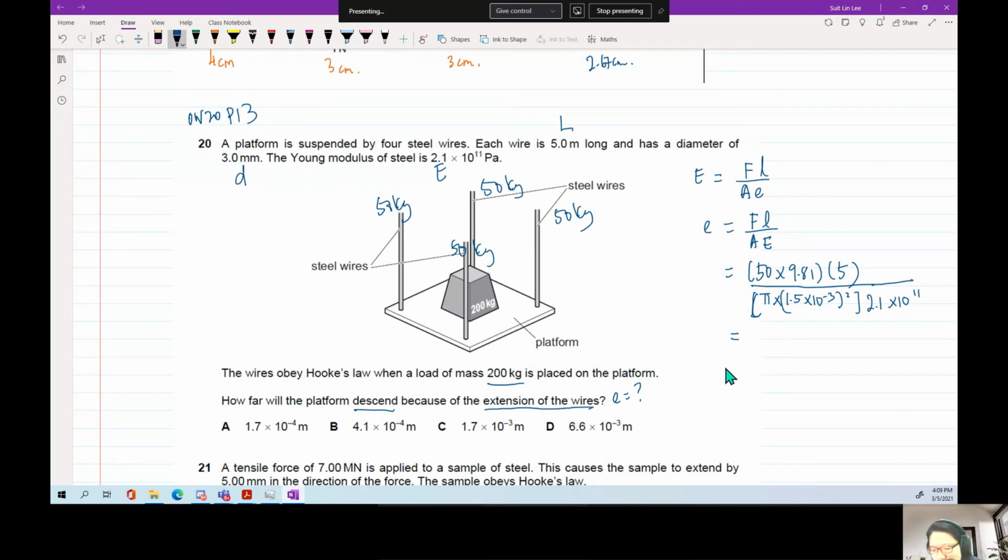Okay, time to press calculator. 9.81 times 5 divided by pi.